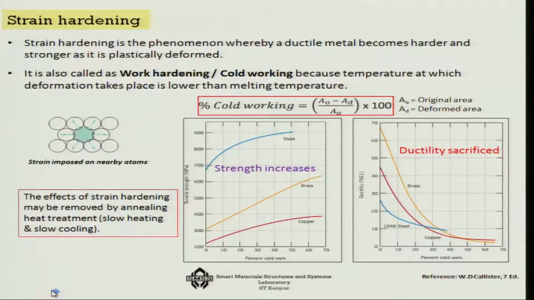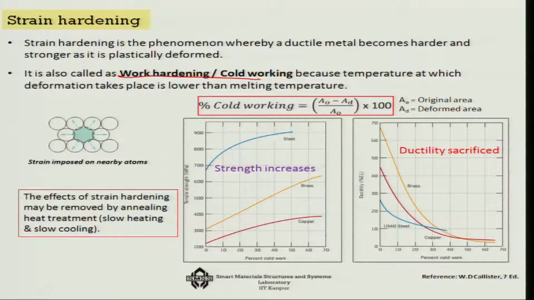Now, we will talk about strain hardening. In the other cases you are playing with the grain structure, but here you are not doing that. You are applying work hardening or cold working, so that there is a strain imposed on the nearby atoms inside the grain structure, and thus you are increasing the strength of the material.